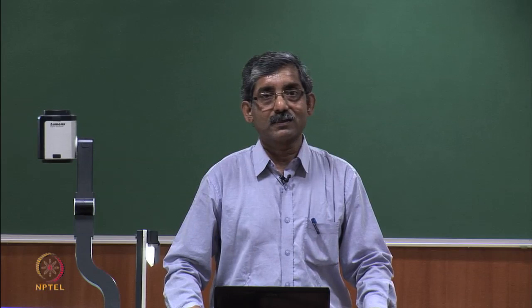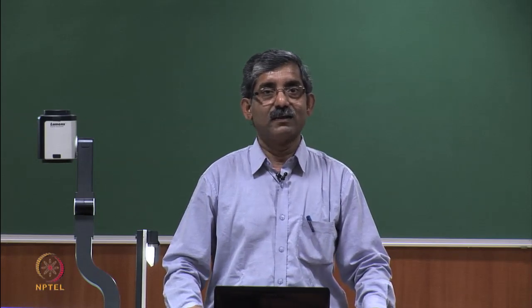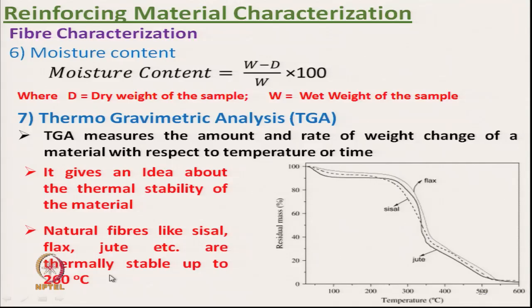natural fibers like sisal, flax, jute etc. are thermally stable at least up to 250 to 260 degrees Celsius. So, these are the three different natural fibers, and initially the residual mass is 100% and it maintains almost 100% or close to 100% at least up to 260 degrees Celsius, and after that it is not stable anymore.